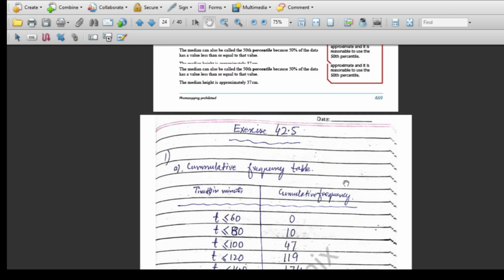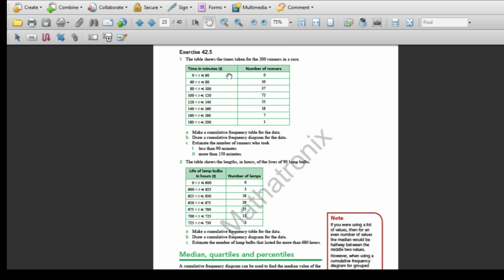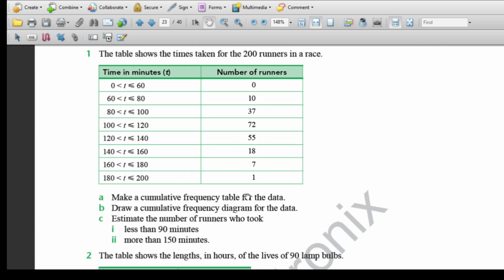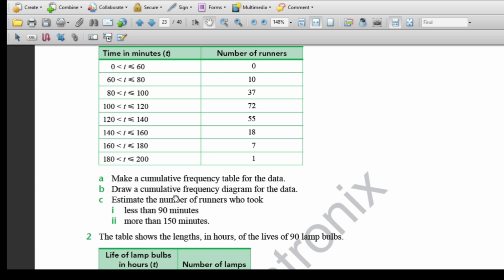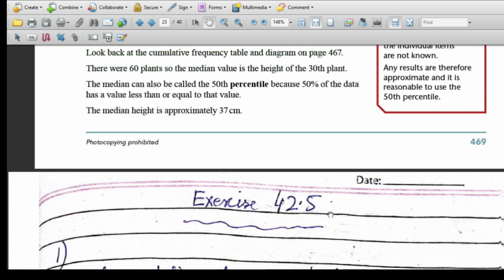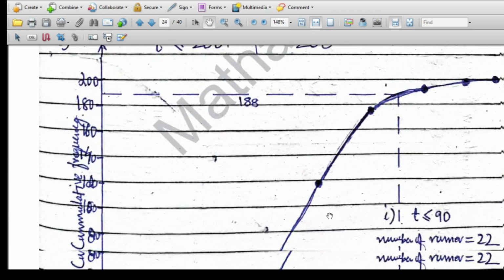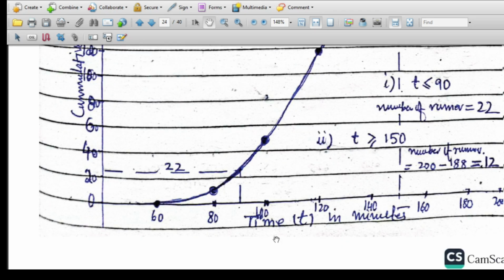Here we have a question. We have drawn the table and the frequency diagram. Now estimate the number of runners who took less than 90 minutes. The number who took less than 90 minutes is very low: at 90 minutes it is just 22.